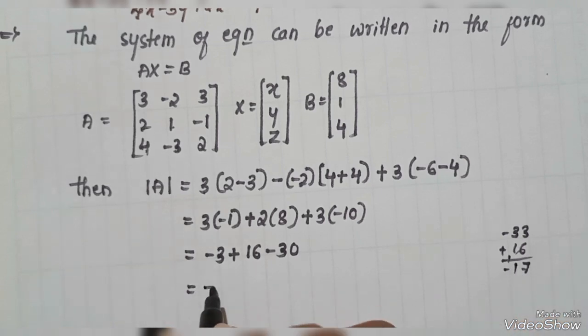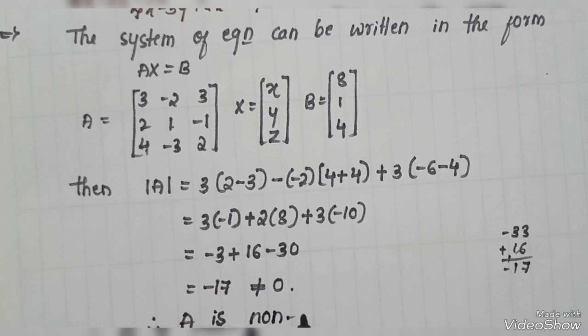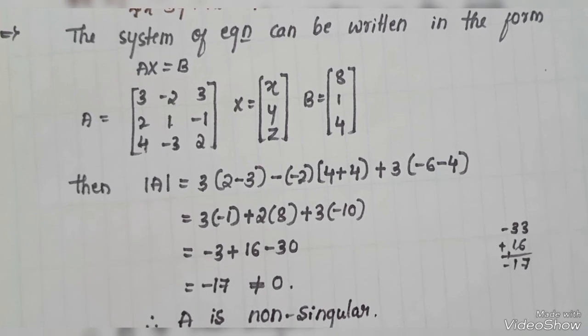Then the determinant value is minus 17, which is not equal to 0. Therefore, A is non-singular. The second step is completed.